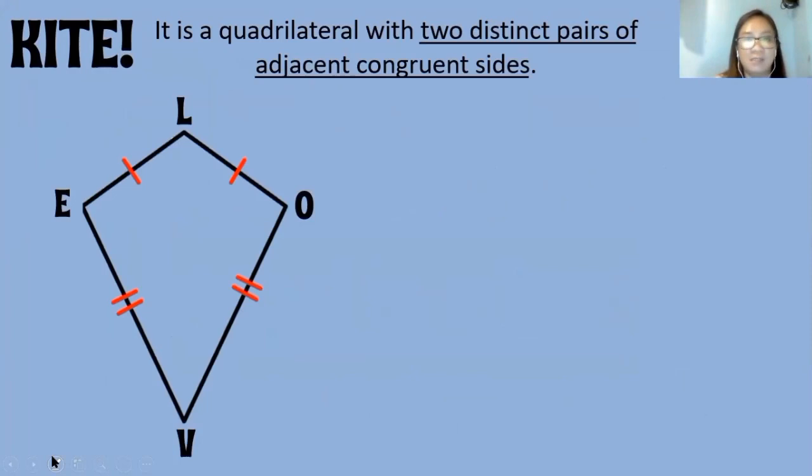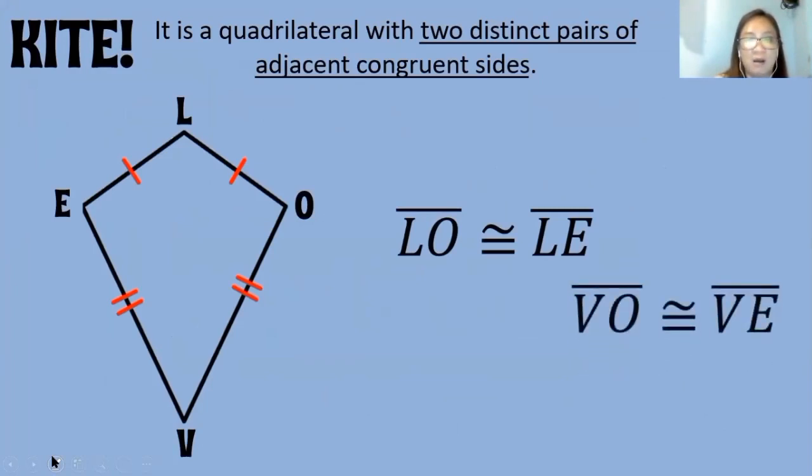When we say adjacent, they have a common point. Adjacent congruent sides here are segment LO and segment LE, and they are congruent. Another pair of adjacent congruent sides are segment VO and VE, and they are also congruent.